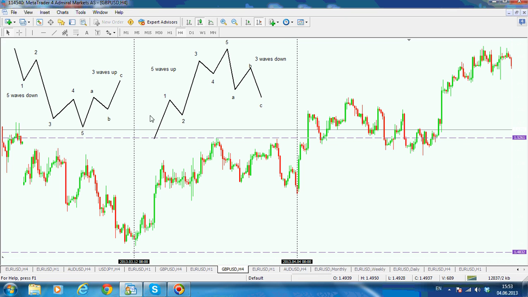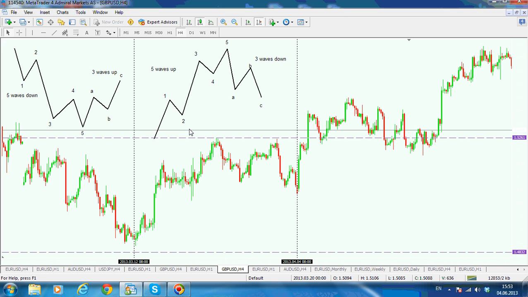each of these 1, 2, 3, 4, 5 and A, B, C, so each of these waves are being formed by 5 different, for example, this move for the first wave to the upside is being formed out of 5 different small waves of a smaller degree, also 5 waves to the upside, corrected with 3 waves to the downside here.